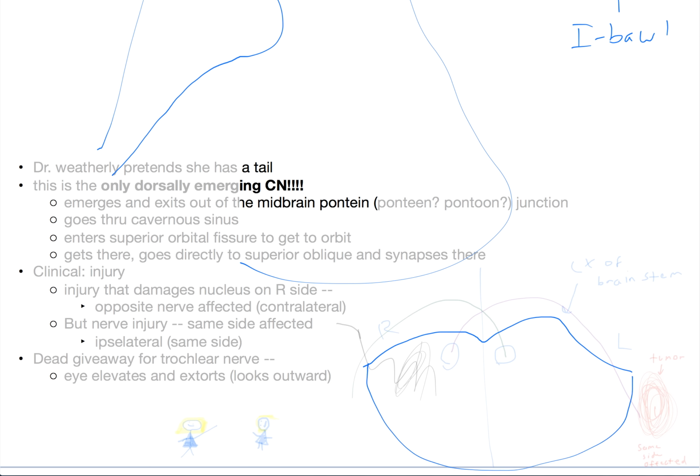So the important thing you need to know about it is it's also the only cranial nerve whose nucleus is on the opposite side of the body from the nerve. So this is right and this is left. The right nucleus gives you your left cranial nerve, and your left nucleus gives you your right cranial nerve.